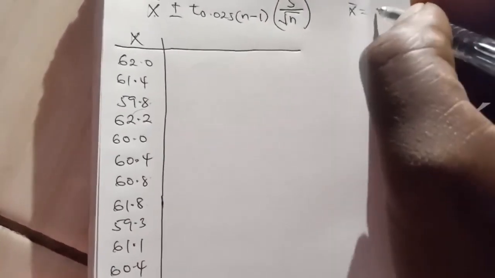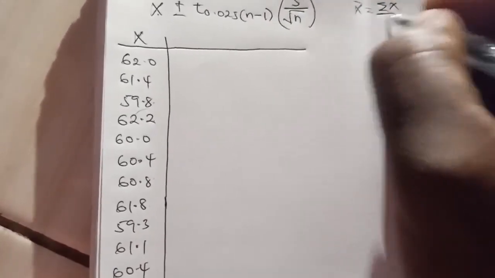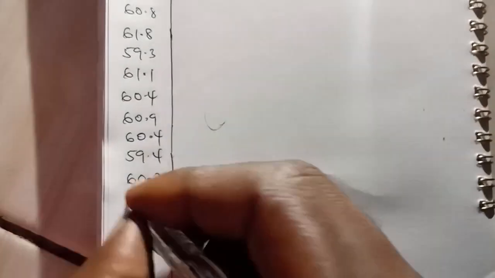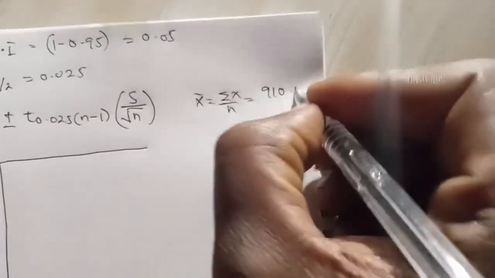Having written the values down, we now calculate our mean, and the mean is given as summation x over n. If we add all of these values, we're going to get 910.1, and n is 15. So we have 910.1 over 15.